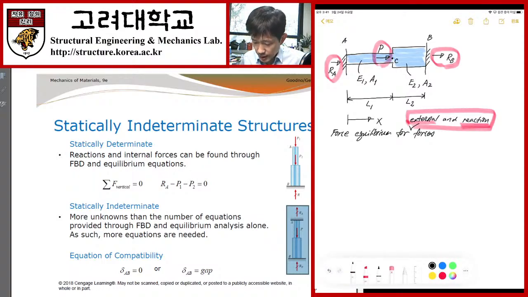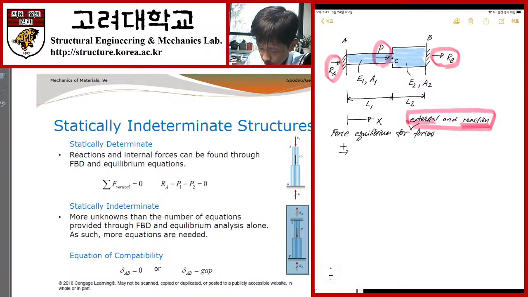Okay, so let's check the force equilibrium. The sum of all the forces in that direction should be equal to 0. Basically we have to use the force equilibrium condition for force vectors.